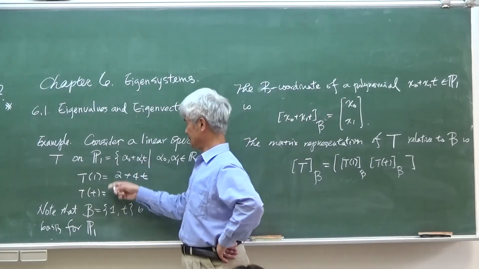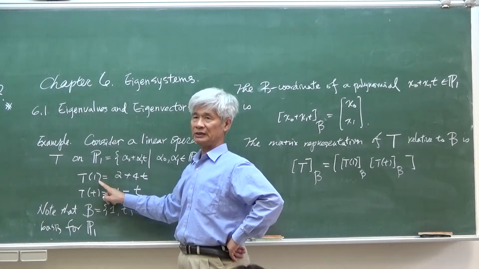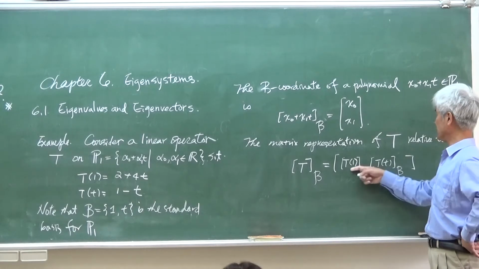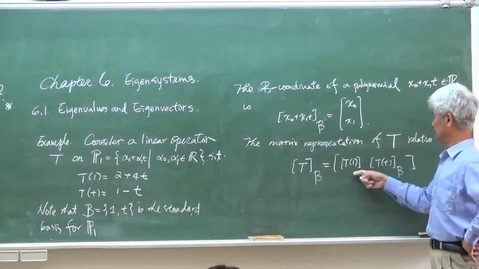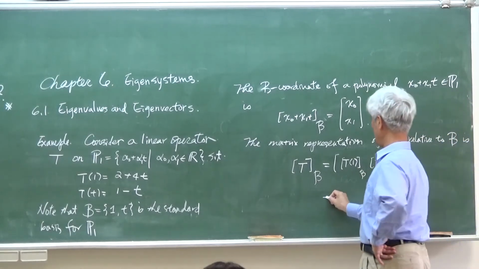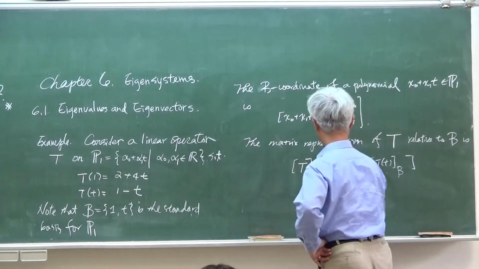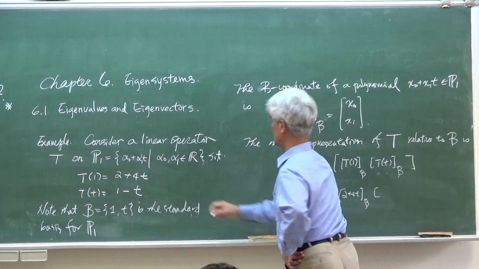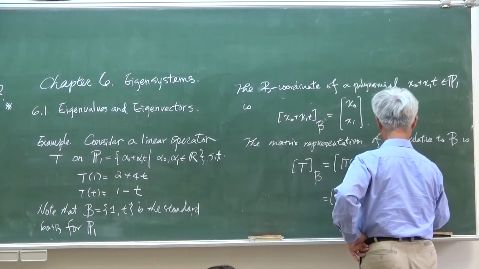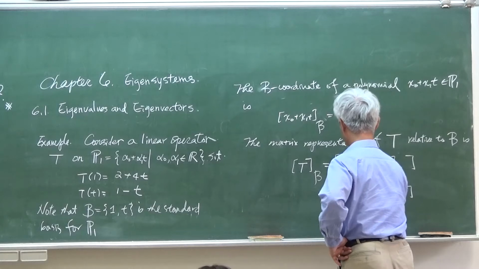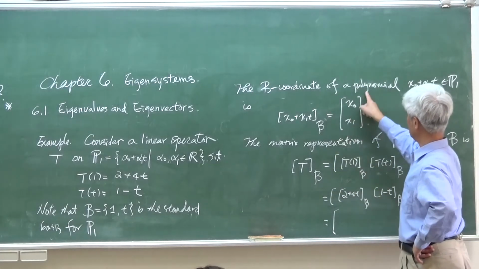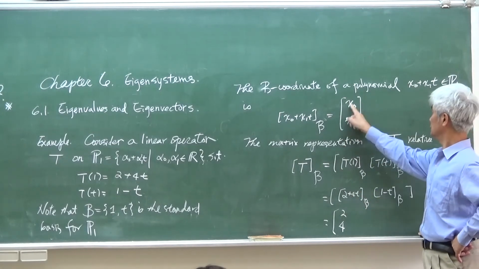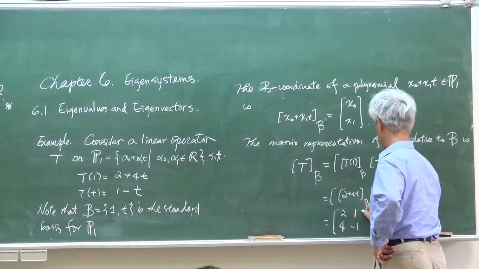So this assignment actually determines a unique linear transformation, and that's why it's enough, because the matrix representation of T relative to B is constructed in this way. T(1) is 2 plus 4t, relative to the basis. T(t) is 1 minus t. By the coordinates, this is 2 and 4. The first column is 2, 4, and the second column is 1 and minus 1.